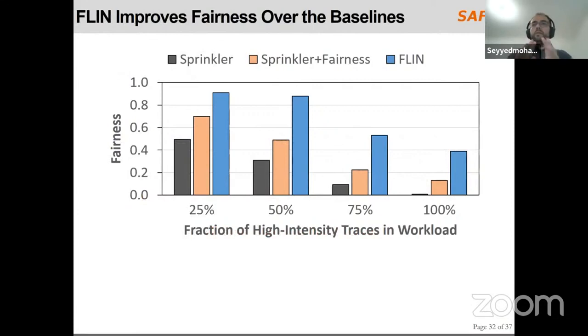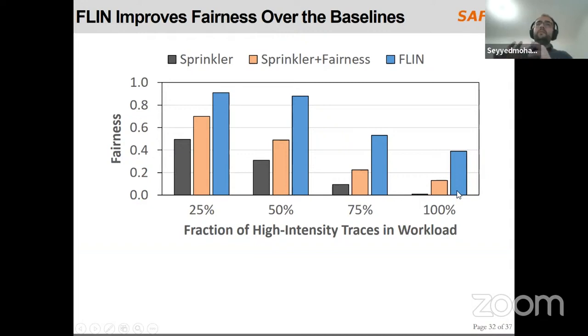Here we are summarizing our results, but in the paper you can see the result for each mix. The fraction of high-intensity traces in workloads, as I mentioned, ranges from 25% to 100%. And you can see that FLIN improves fairness over the baselines. For example, for 100% high-intensity traces, Sprinkler's result is quite bad for fairness.